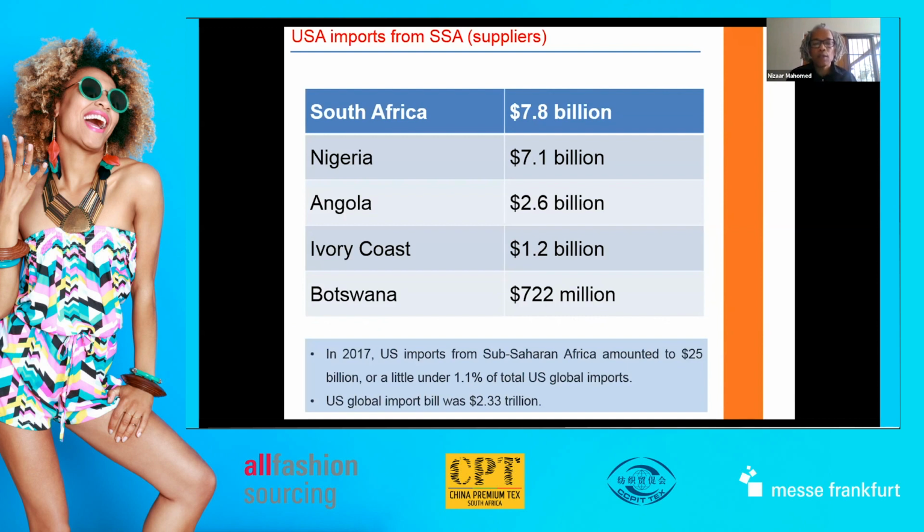And you can see the amount that we produce as a continent, or rather sub-Saharan Africa, is about 1% or 1.5% of total US global imports. So there is a long way to go before we can start competing as a unit, as a block, or even as a continent in terms of the USA market and supplanting some of the other clients that are trading with the USA.